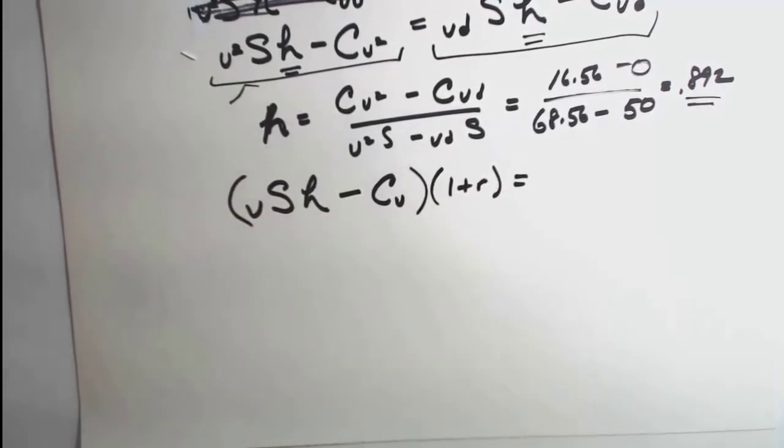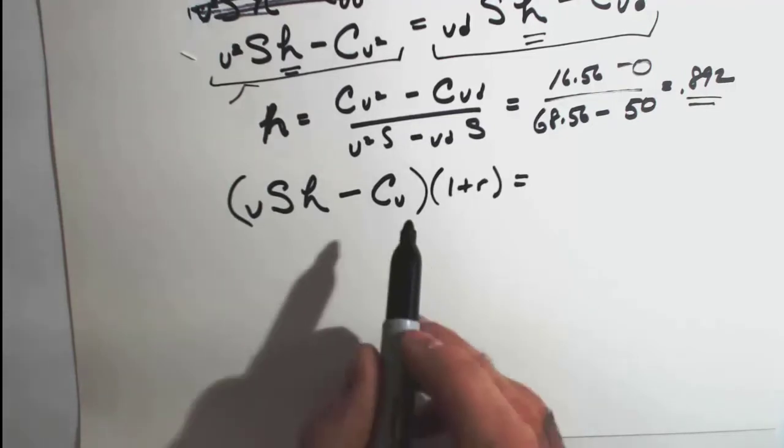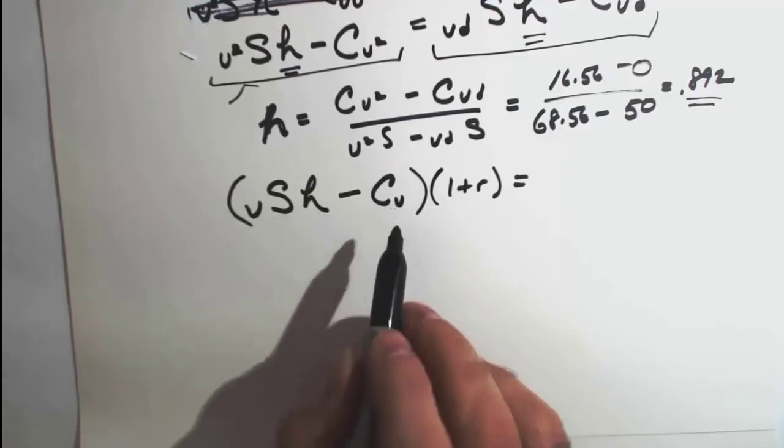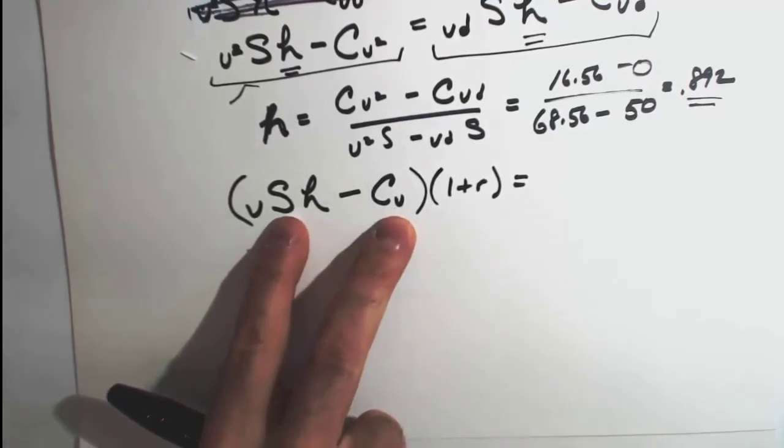So remember in a previous video, I said if you have a riskless stock or anything riskless, it grows at the risk-free rate. It can't stay constant and not grow because nobody would invest in it. So it's got to grow at the risk-free rate because there's opportunity cost involved. So we have this covered call position. This is the value of the covered call position.